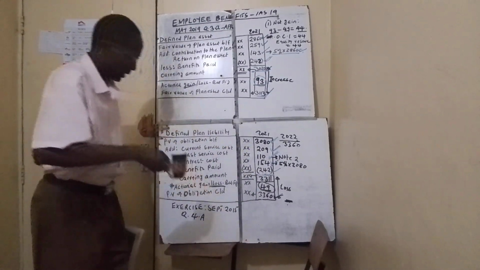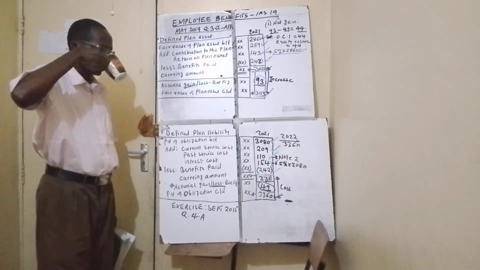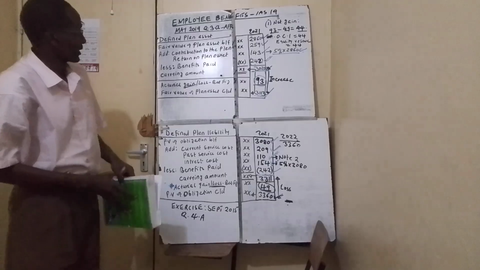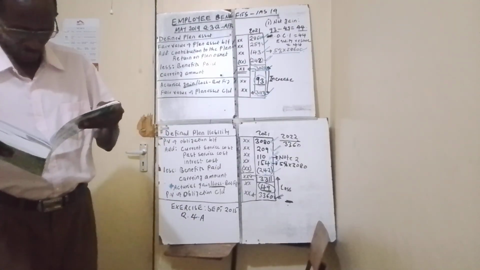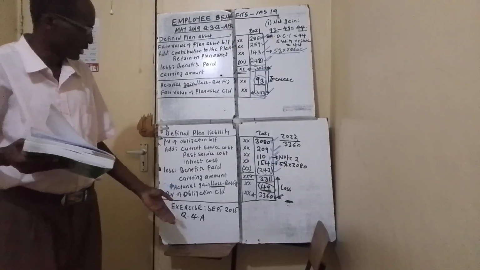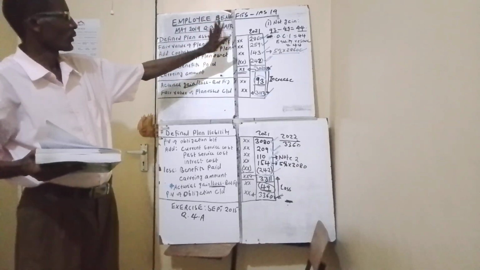You can just check how we have done that particular question. You can check that, May 2019, question 3. Then I project your assignment. I've given you some clue. This is May 2019, question 3A.